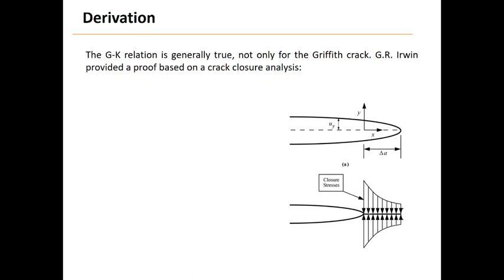Usually we start with a crack with shorter length, and then it extends. Irwin did it the other way. So he was looking at two configurations: this is the crack with the longer crack length, and this is the crack with the shorter crack length. You have a crack here, and at some point it will propagate and become this configuration.